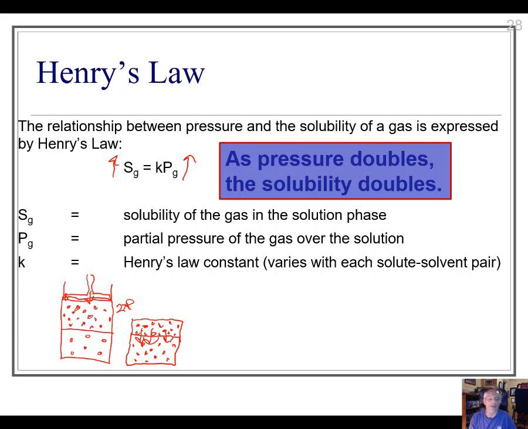Okay, so we now have doubled the solubility. So we have 2 times the solubility because we have 2 times the pressure because we cut the volume in half here. Okay, so that in a nutshell is Henry's law.